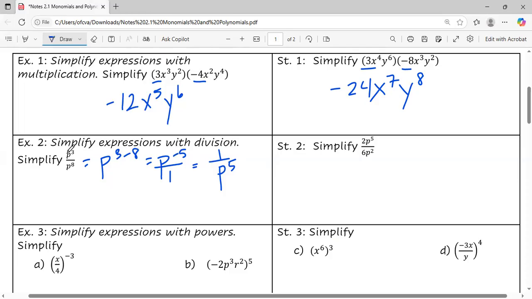But p to the third over p to the eighth. Think of this. This is basically 3 p's being multiplied on the top to end up with p to the third. And on the bottom, it's going to take a little longer because you have 8 of them. But remember that when you have division or fractions, if you have like terms top and bottom, you can cancel the same amount of terms.